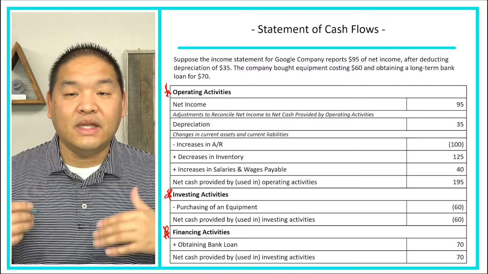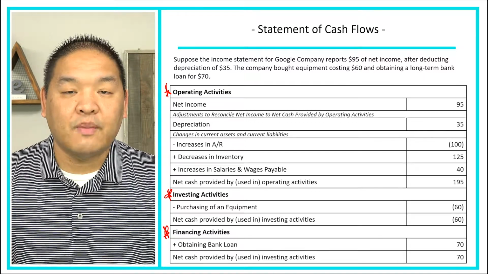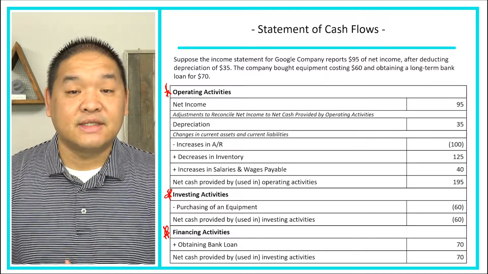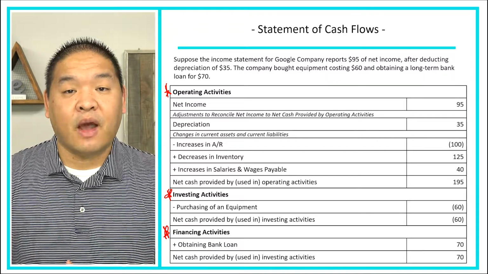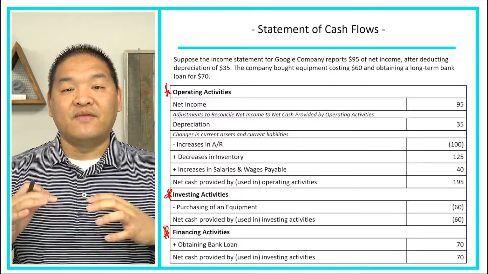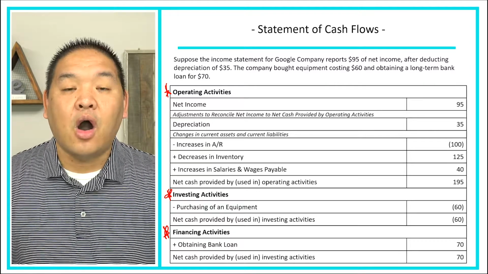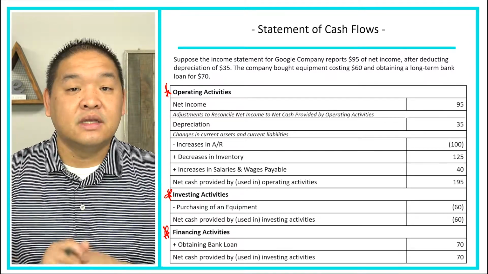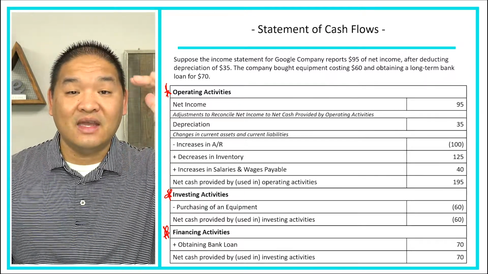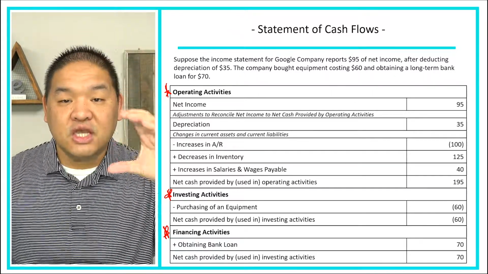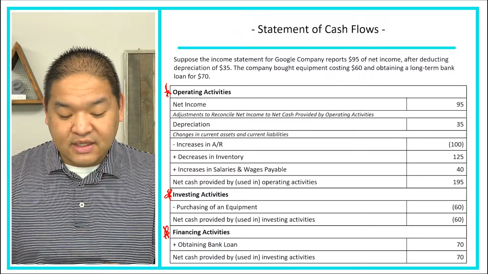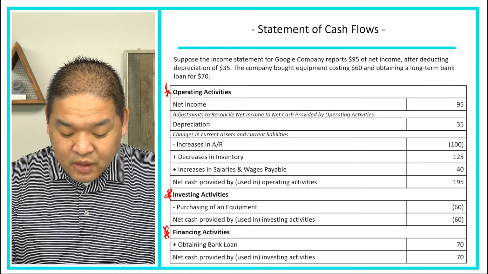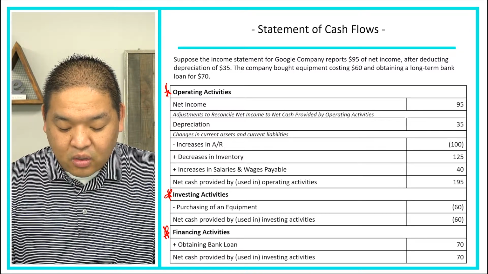And from here, what we need to do is total up all the sections to do the reconciliation. So one thing that we haven't talked about is what do we do at the very bottom? At the very bottom, we're going to reconcile all of our balances in the cash account. So we're going to take it from beginning to end with the changes from these sections. So in this case, we've got net cash provided or used in operating.